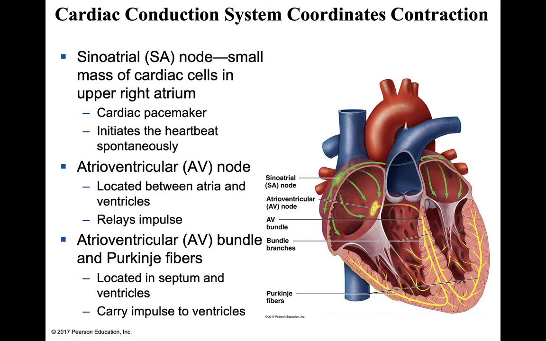And this is where the heartbeat is initiated, and it happens spontaneously. Skeletal muscle is neurogenic because it actually requires a signal from a motor neuron. As noted, the heart generates its own electrical activity, so you may hear the term autorhythmic to describe the electrical activity of the heart.